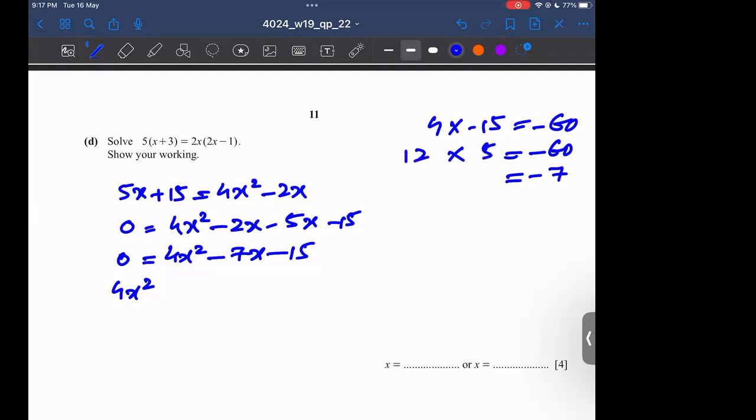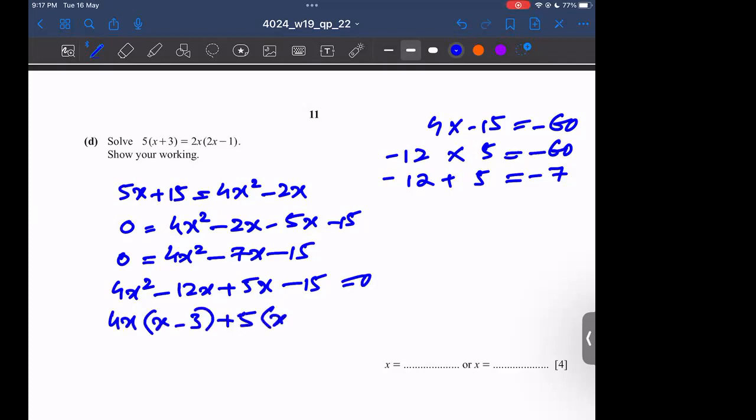12 into 5, and 12 plus 5. 12 plus 5 is not minus 7, so I'm going to put minus 5 over here. 12 minus 5 is 7, not minus 7, so I'm going to put the minus sign with the 12. Take 4x common from the first two terms, x minus 3, 5 common, it becomes x minus 3.